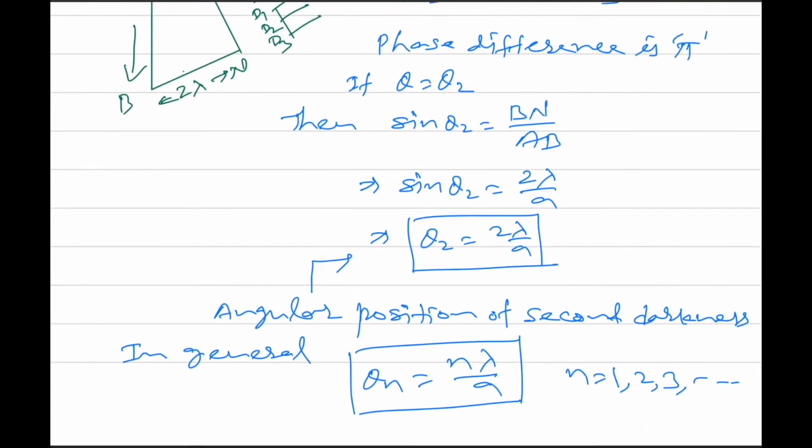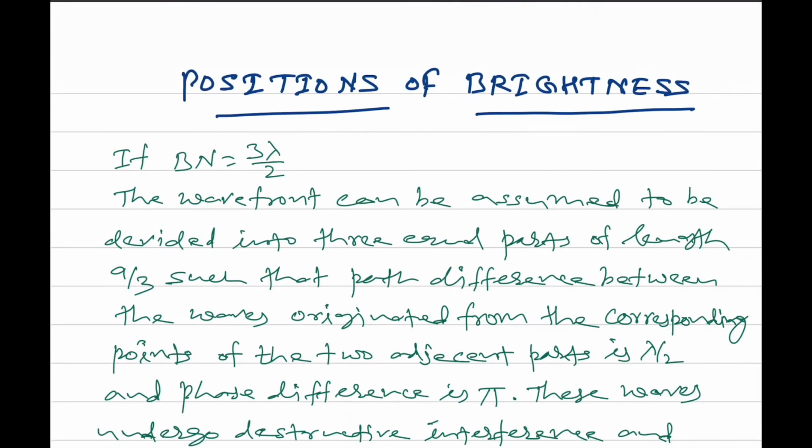Now we will talk about the positions of brightness. The bright fringes are formed between two consecutive dark fringes, similar to the interference of light. We have seen that dark fringes are formed when Bn is equal to lambda, Bn is equal to 2 lambda, next is 3 lambda.